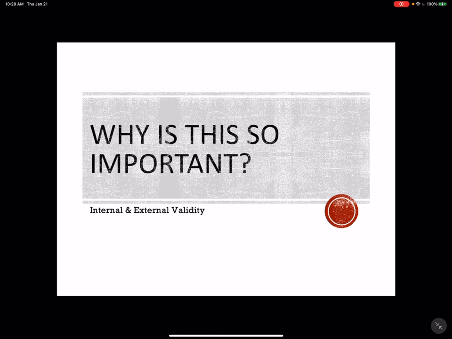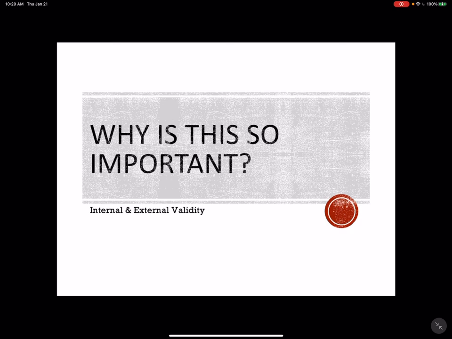Well, it's really important because of a construct called internal and external validity. And you remember the last lecture or the lecture before when I said that a lot of the terms we use in research methods are what is called terms of art. They're terms that we use that are words that might be something different in the real world, but to us, they have very specific meanings.